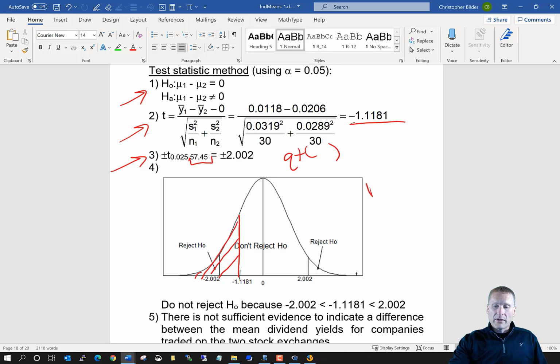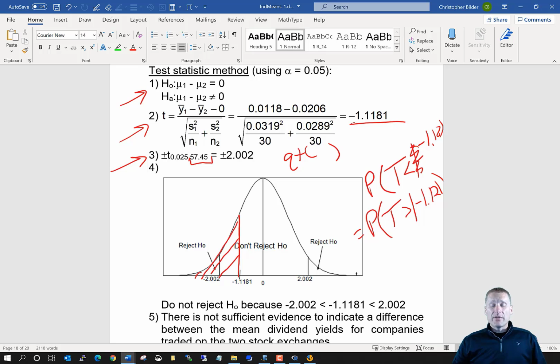That's the probability that t is less than -1.12, or equivalently, the probability that t is greater than the absolute value of -1.12, using the symmetry property of the t-distribution. To find our p-value, we actually multiply this probability by 2 because, again, we have rejection regions on both sides of our probability distribution.